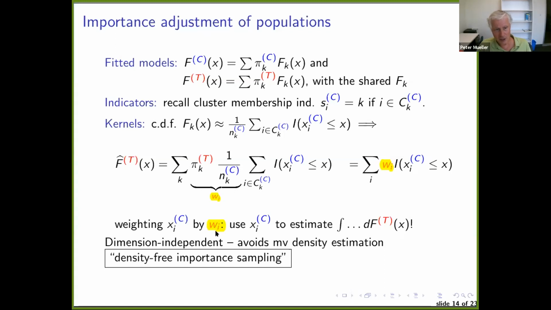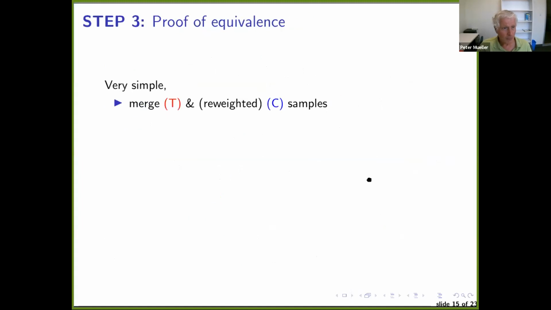Instead of using the densities, all we needed was the ratio of the weights. So we refer to that as density-free importance sampling. So you could say one line summary of what we're doing is we're using density-free importance sampling in a common atoms mixture model to set up a synthetic control. That's exactly what we do.